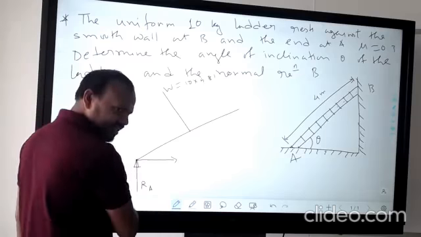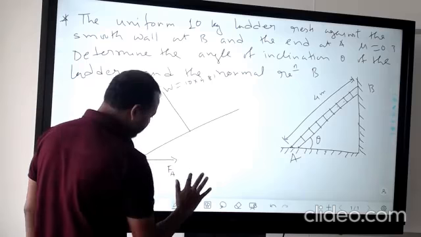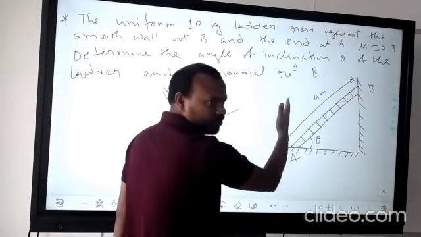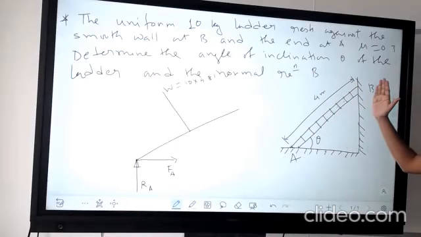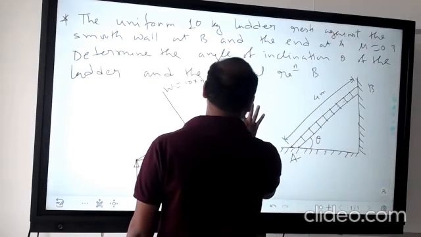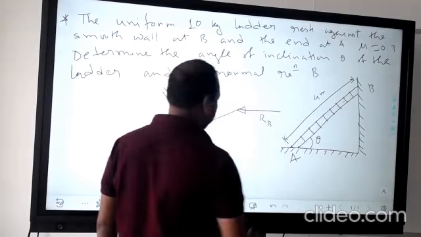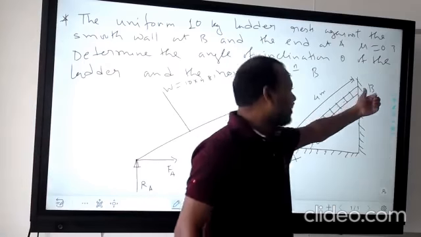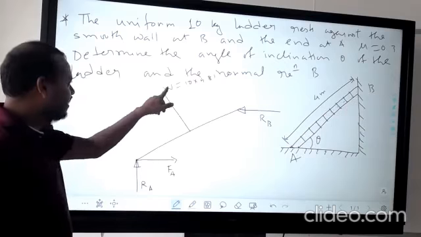It will move that side, and the frictional force will be opposite. Let's say this is your FA. This support also gives some force. Support always gives a perpendicular force, so that will be this side. Let's say this is your RB. So RB, RA, FA, W.